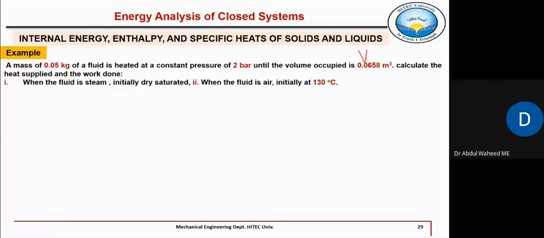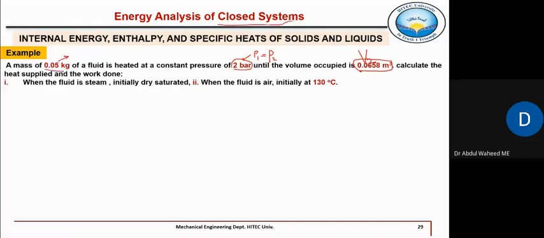Capital V2 is given because it is not meter cubed per kilogram. Constant pressure heating means from state 1 to state 2, pressure is constant.